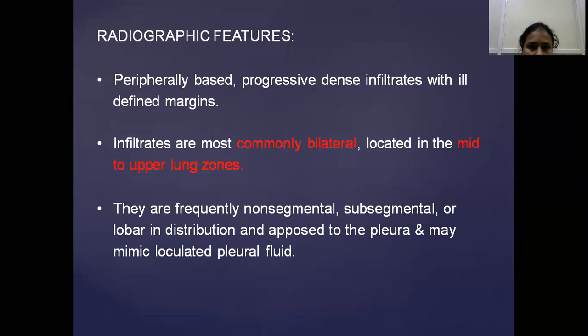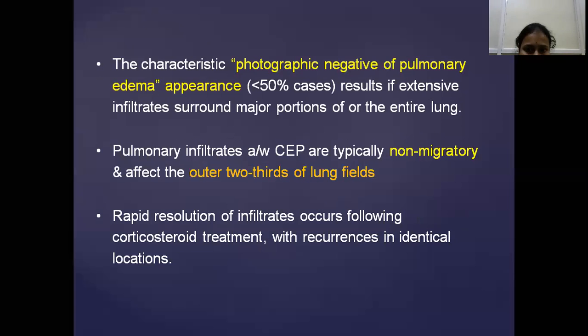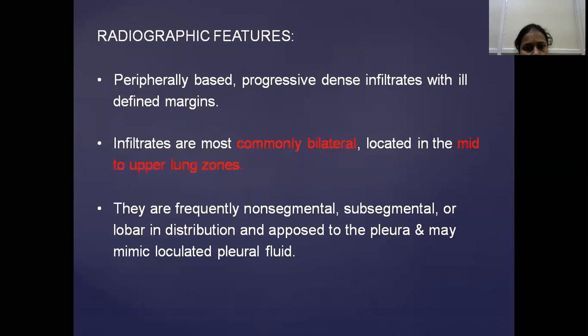Coming to the radiographic features of chronic eosinophilic pneumonia. The main classical feature is the photographic negative of pulmonary edema appearance, and these are non-migratory infiltrates. They commonly involve the peripheral two-thirds, most commonly bilateral, located in the mid to upper lung zones.